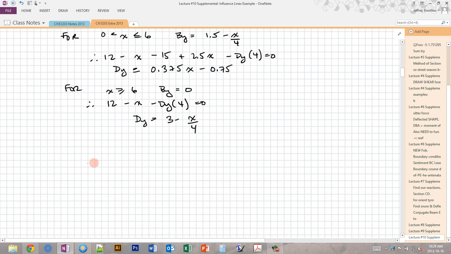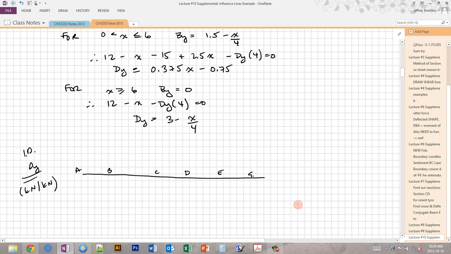So in using this information, we can go straight ahead and draw our influence diagram for dy. That's again kilonewtons per kilonewton of unit load. So we have A, B, C, D, E, G. Okay, so we know that at x equals 0, we're in this arrangement.